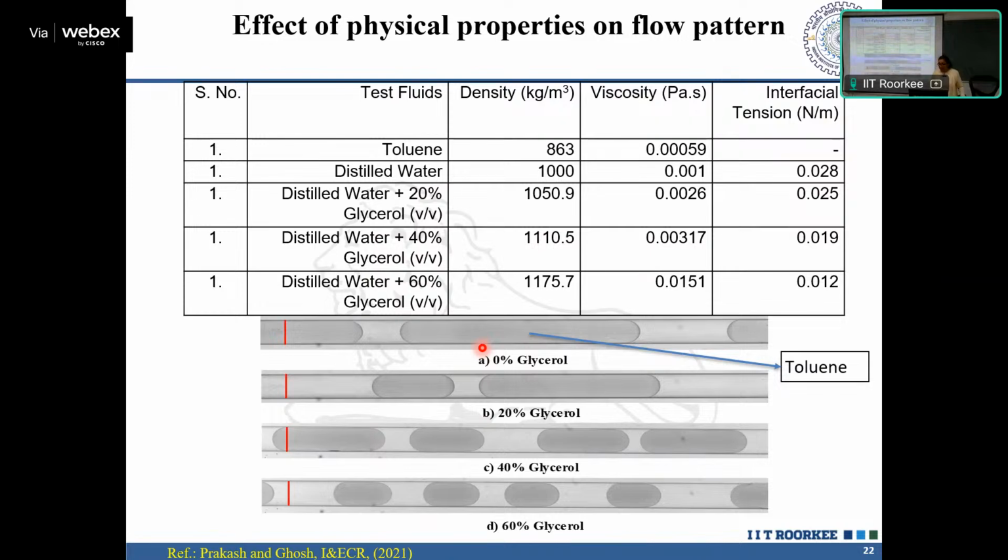At the same time, since we have increased the viscosity of the continuous phase, it is also exerting more interfacial shear. The viscous force on the dispersed phase is higher. As a result of these two changes of forces, small, well-defined slugs are formed with the same flow rate combination with the 60% glycerol.